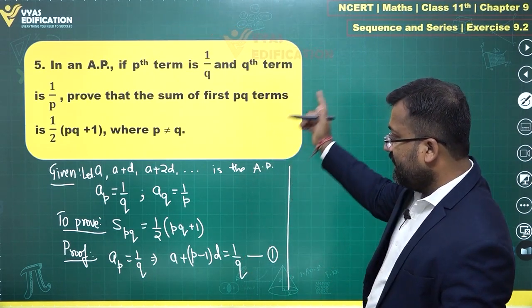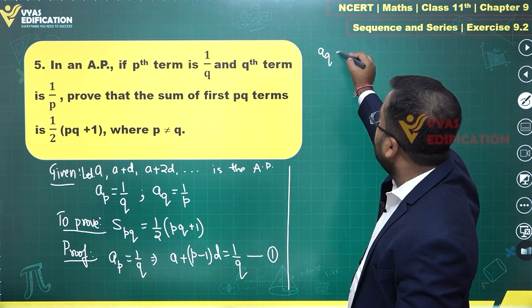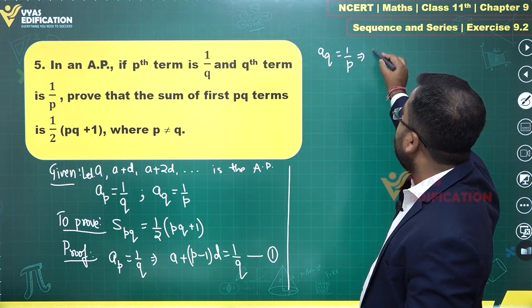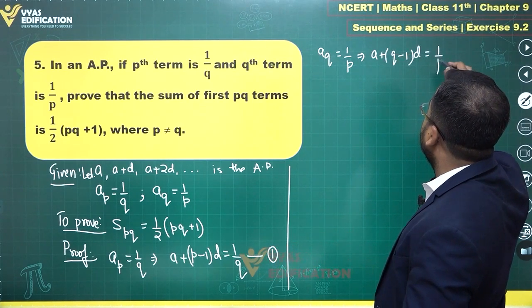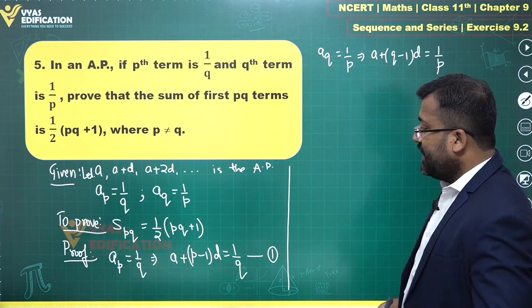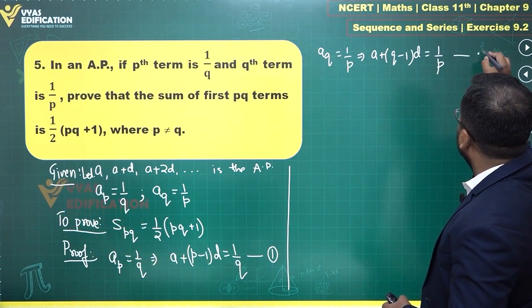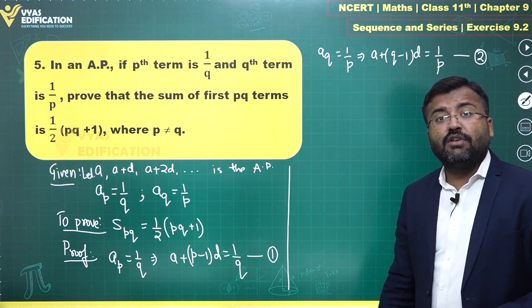You have another thing over here, AQ, which is equal to 1 upon P. That tells me A plus Q minus 1 D will be equal to 1 upon P. Can you solve these two equations 1 and 2 to get the values of A and D? Yes, that's very much possible.